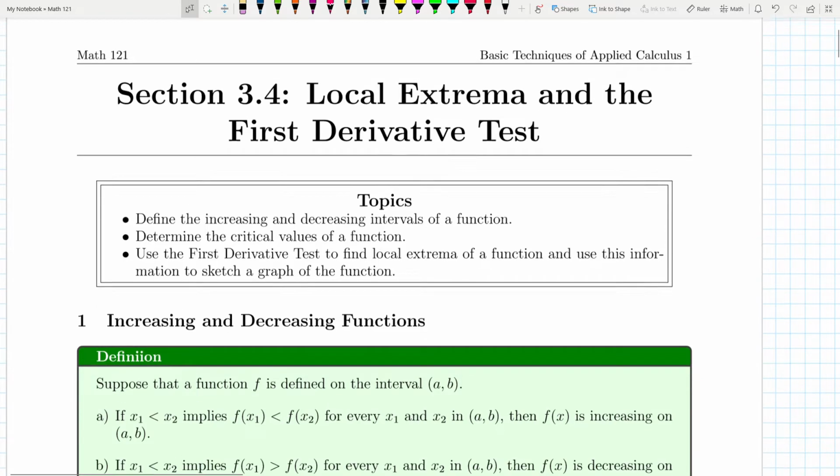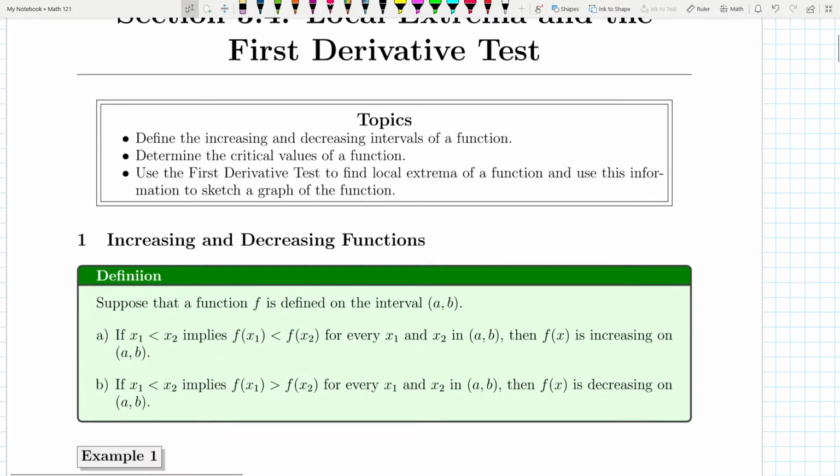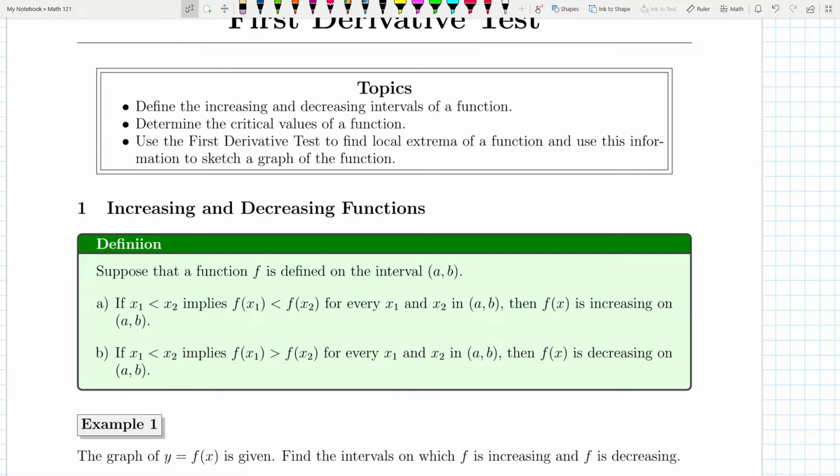So first of all, let's define increasing and decreasing functions. We are going to consider a function f of x, or just f, defined on the interval a to b. So there are two cases here. For both cases, x1 is less than x2, so we assume in general that the first number is smaller than the next one.